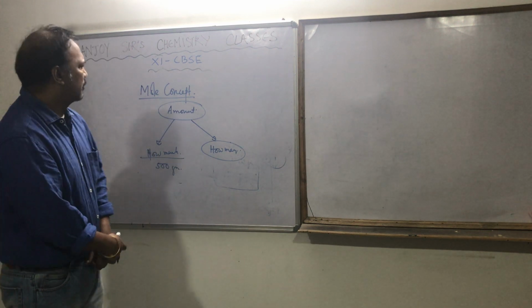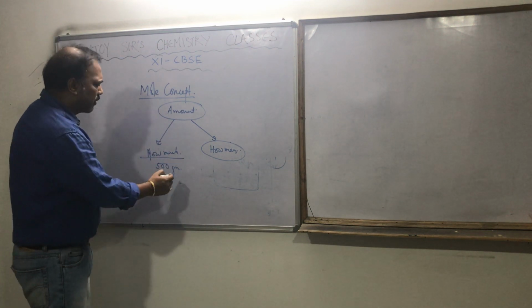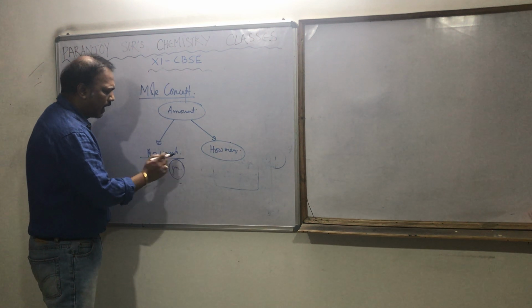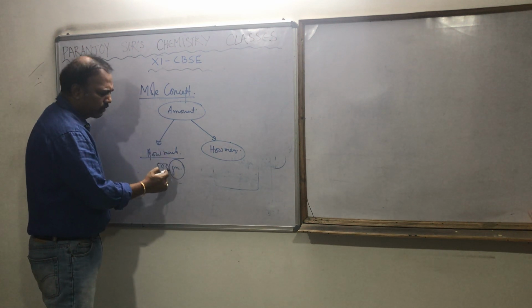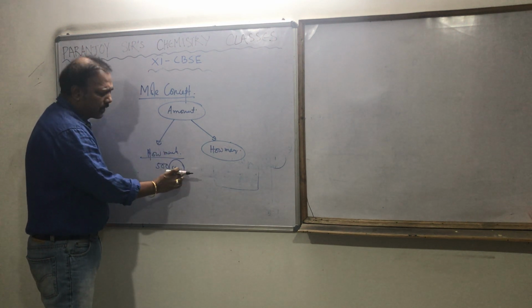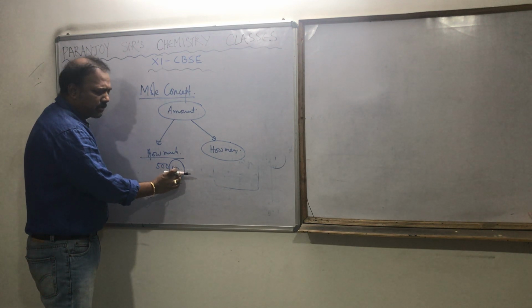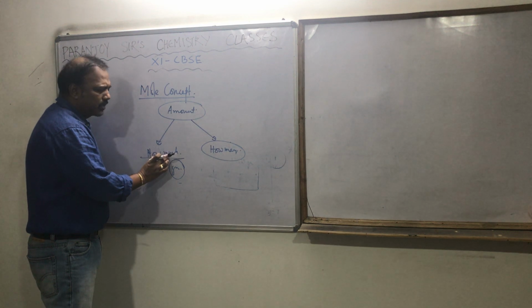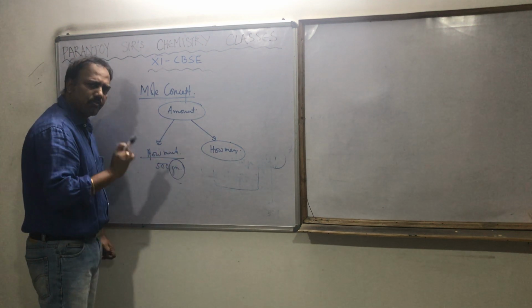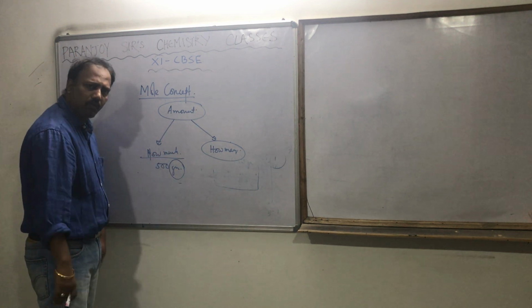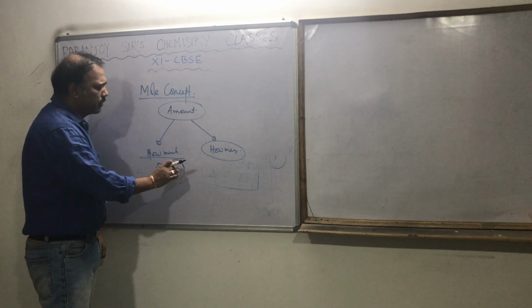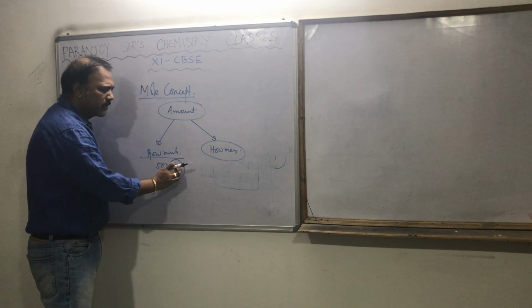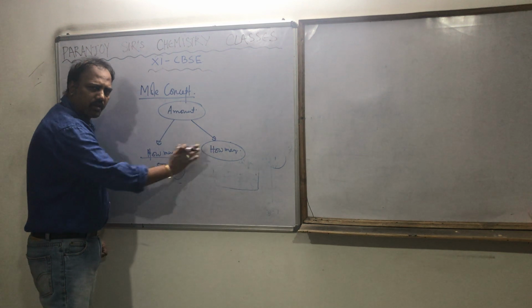So this is a unit, this is also a unit of amount, gram. But by the unit of gram, you can say only how much, right? Can you say 500 gram means how many? Absolutely not. So gram is a unit which tells us about how much but not how many.